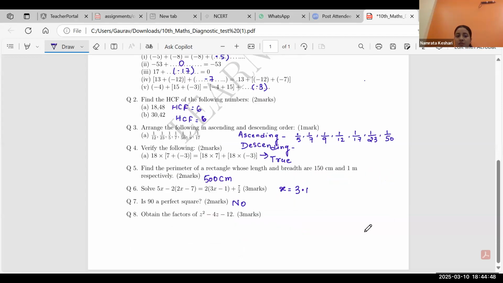Please do the factorization over here. Then z minus 6 and z plus 2.